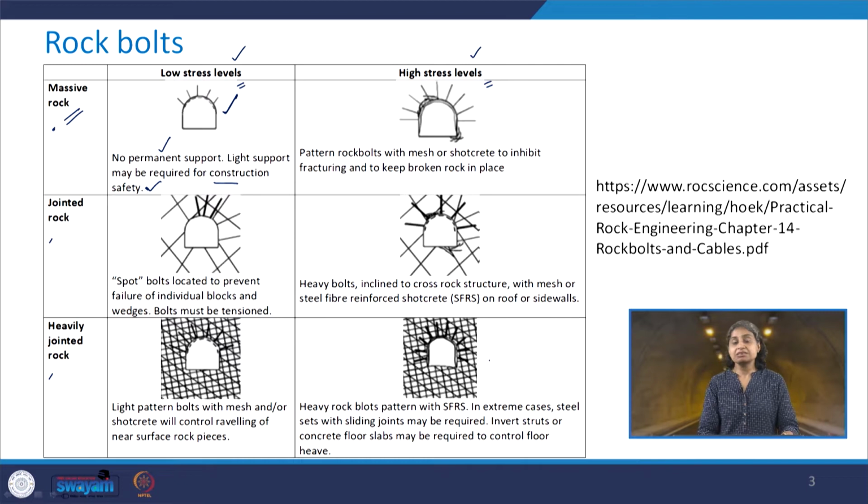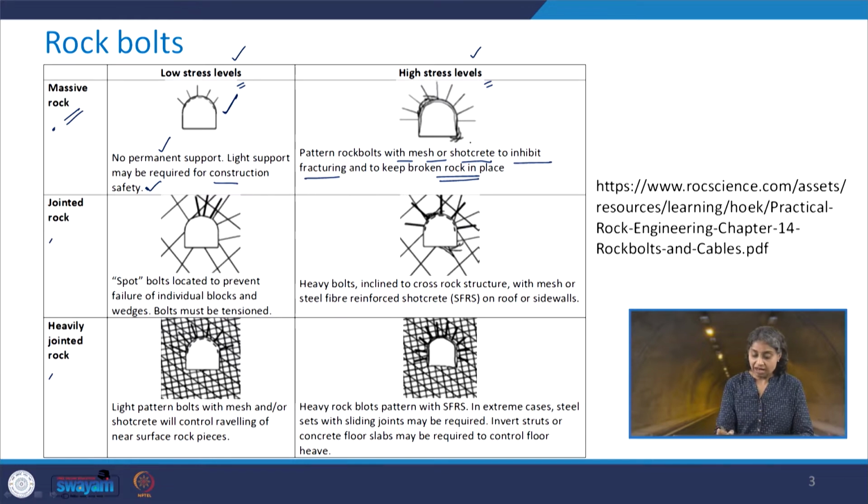But if the massive rocks are subjected to high stress levels, then pattern rock bolts with mesh or shotcrete are installed. This helps in inhibiting the fracturing and keeping the broken pieces of rock in place.